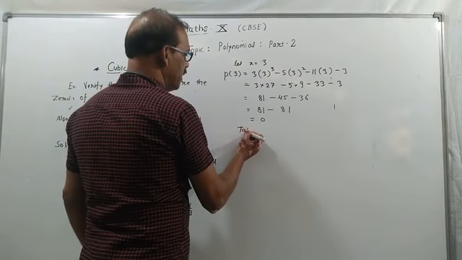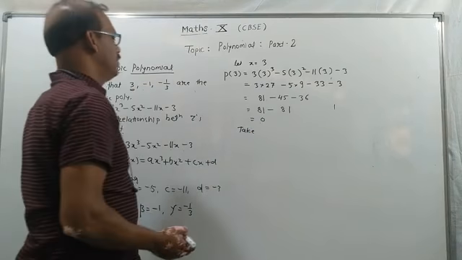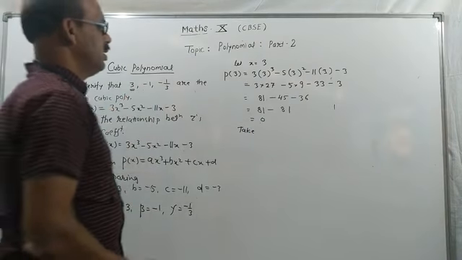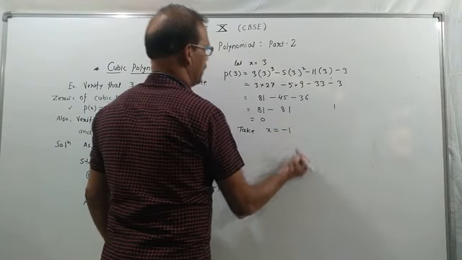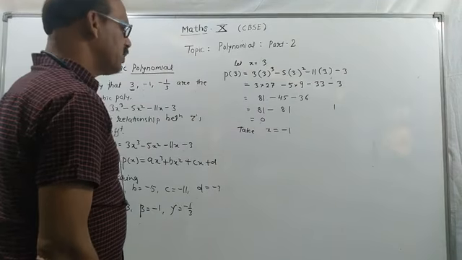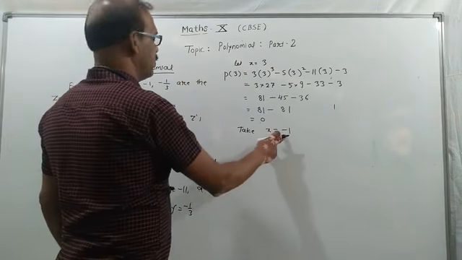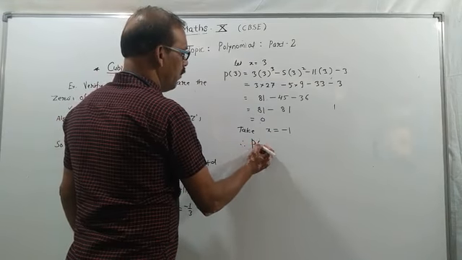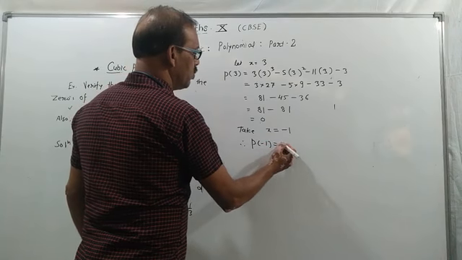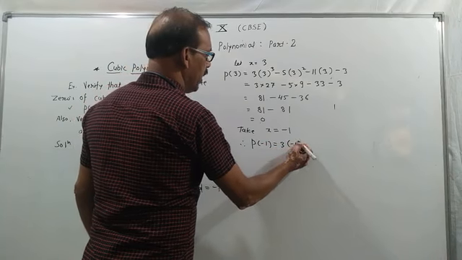Now, next we take the second value, that is minus 1. Take x is equal to minus 1. Again we substitute this value of x as minus 1 in the given polynomial. Therefore, p of minus 1 is equal to 3 into minus 1 cubed minus 5 into minus 1 squared minus 11 into minus 1 minus 3.